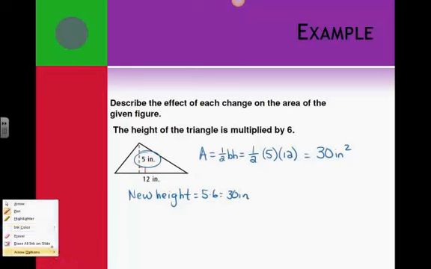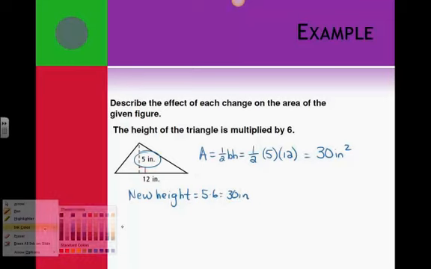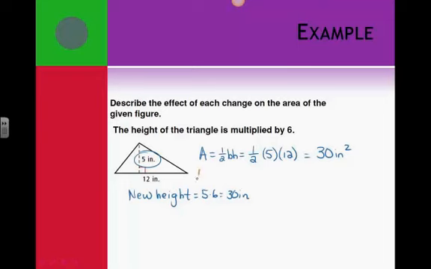So now let's see how our area changed if our height is multiplied by 6. Our new area is 1/2 base times height, which is 1/2 of 30 times 12, which is 15 times 12, which is 180 square inches.